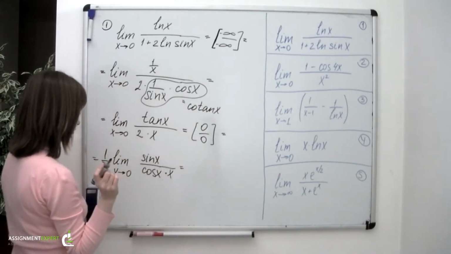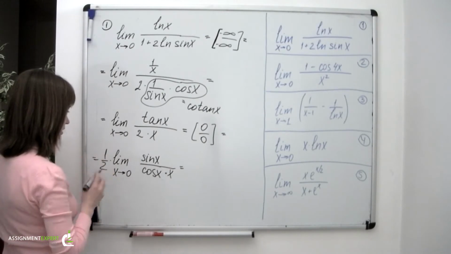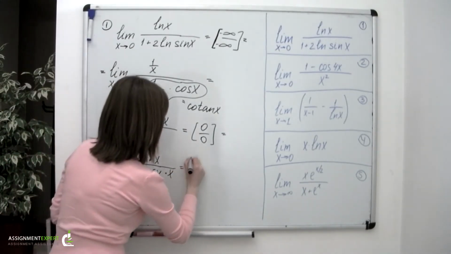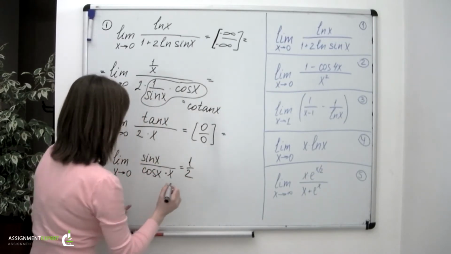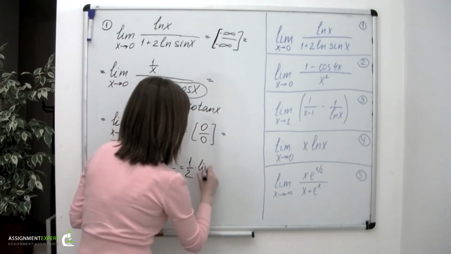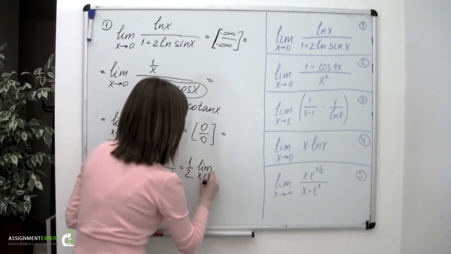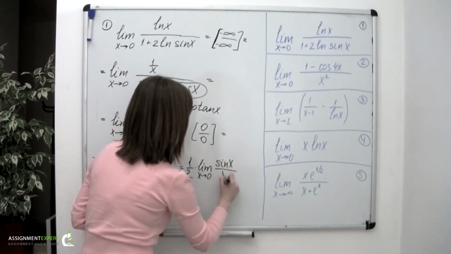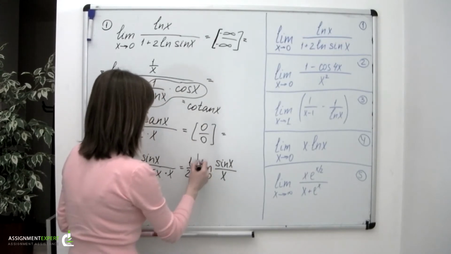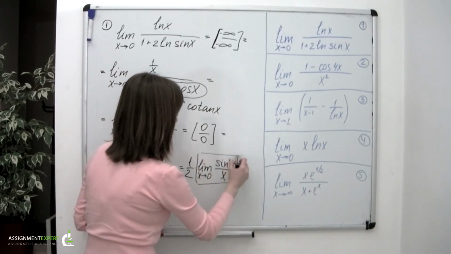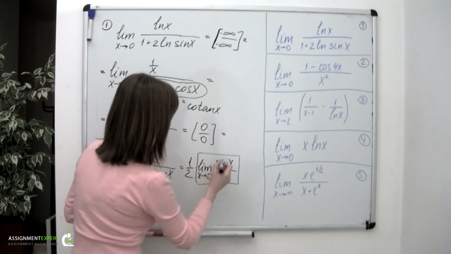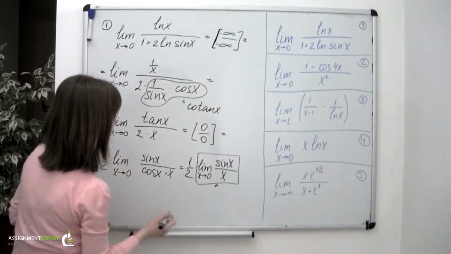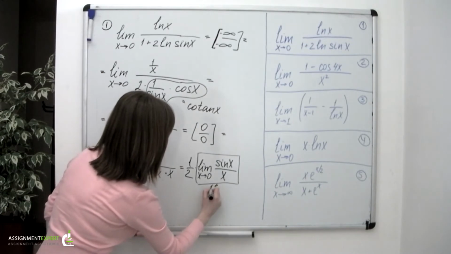Now, this can be written as follows, as 1 half times the limit as x approaches 0 of sine of x over x. And this is the remarkable limit we have evaluated just a moment ago. And we know that it's equal to 1.